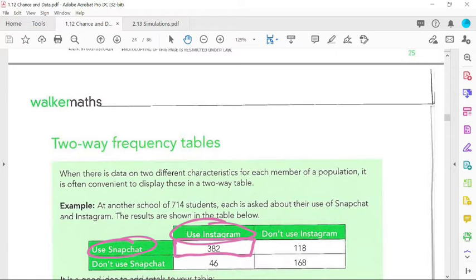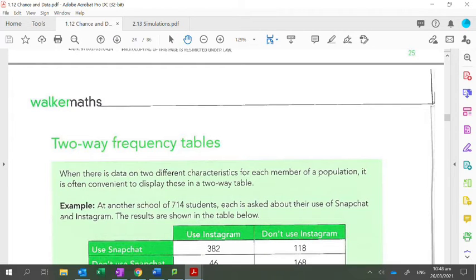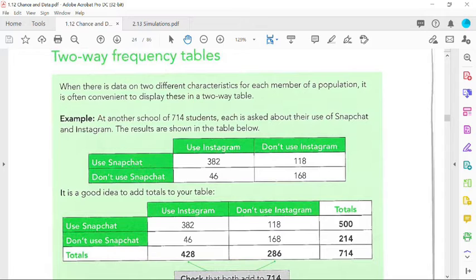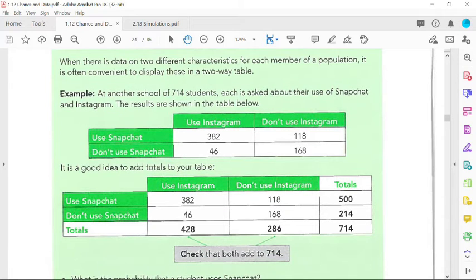All right. Now, one thing that this particular chart is missing is something that is critical. And you'll see that they added it in a moment. Go down a little bit further here, and you'll see that they've added totals. A column for totals and a row for totals. And this spot here is always the grand total of every single person in the study.